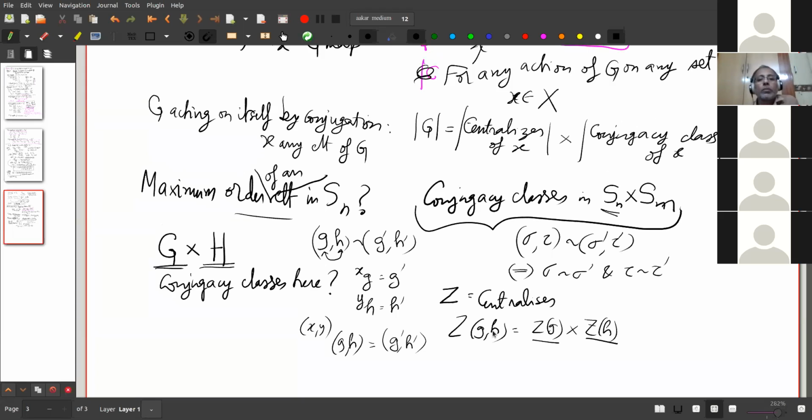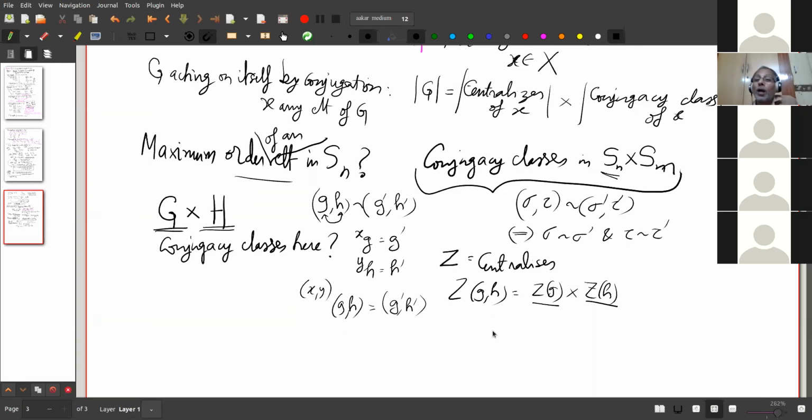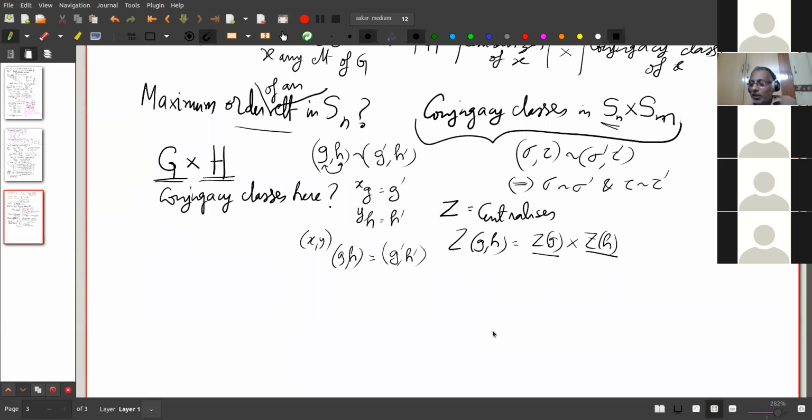The existence of subgroups in S_n. In Lagrange's theorem, we have divisors, the possibilities of... Good question, existence. I don't know off the top of my head what the answer is.